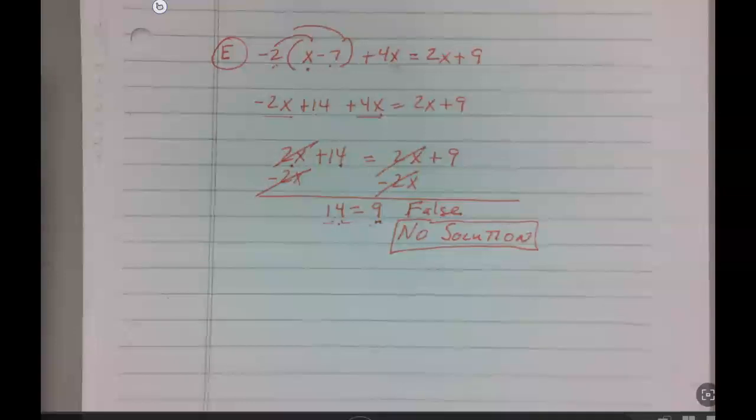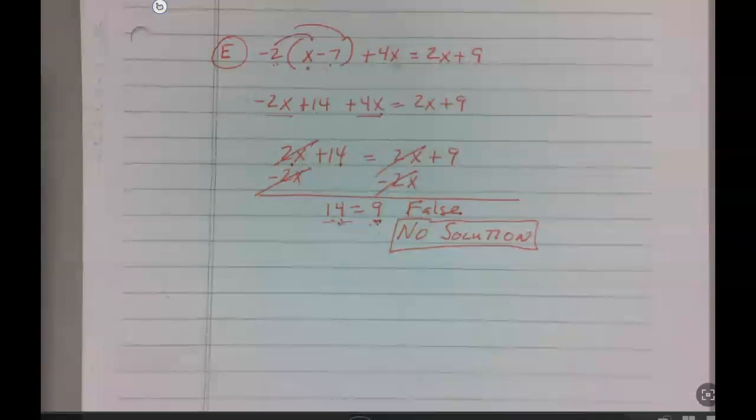Wouldn't that be the next question you would have for me? If these two came out to be equal, and everything canceled out except for the constants, and that's equal, then it would be infinite solutions. Correct? Agreed? Okay.